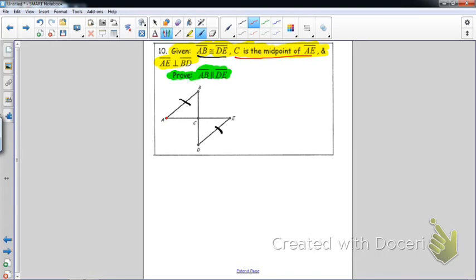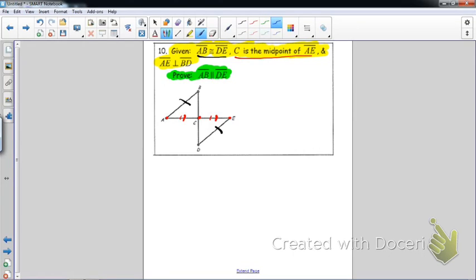So here's A and here's E. C is right there, and that will be very important for us to understand. So C is the midpoint of A and E. That means that this part right here and this part right here, AC and CE, are going to be congruent. Based on what they gave us here, we can definitely see that they are congruent from the understanding of the definition of what a midpoint is, right?